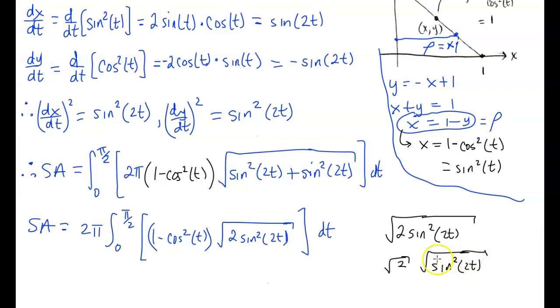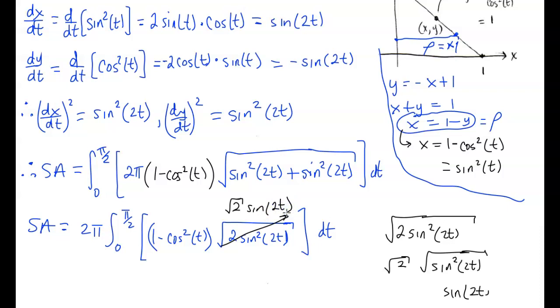And since all the values of t that we want to plug into this angle are going to make sine of 2t positive, this would normally be the absolute value of sine of 2t. But because sine of 2t is always going to be positive for these values, we can drop the absolute value signs. So essentially, all of this will just be the square root of 2 times sine of 2t.